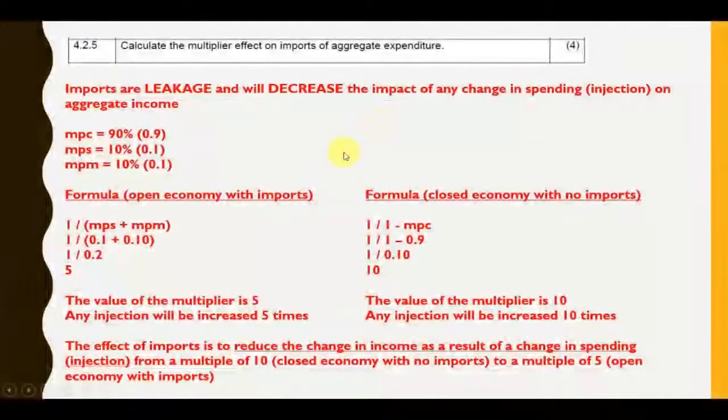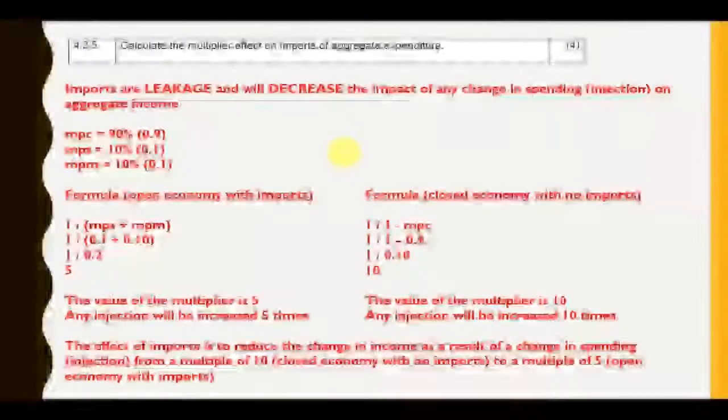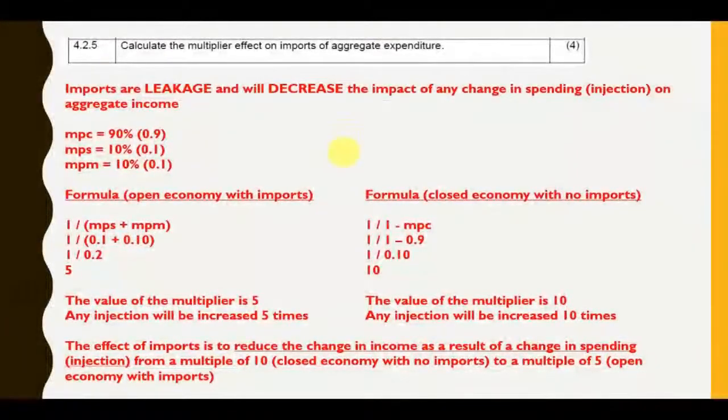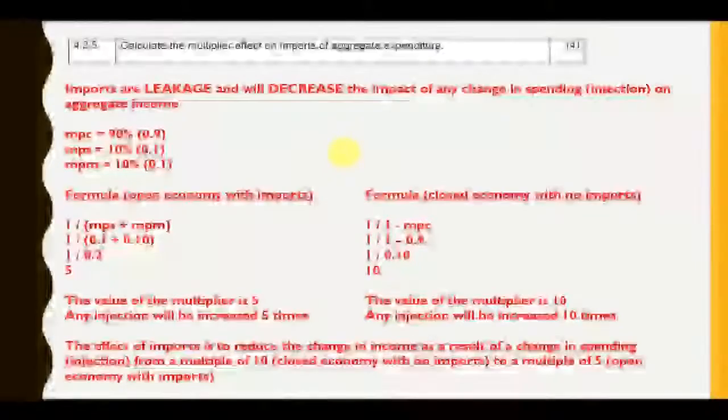Right, take a deep breath, grade 12s. This is quite a complex question, isn't it? But the point of the question is to introduce you to the idea of the 4-sector model, to make sure you know the formula for the 4-sector model, and that you can use the formula to answer a question.